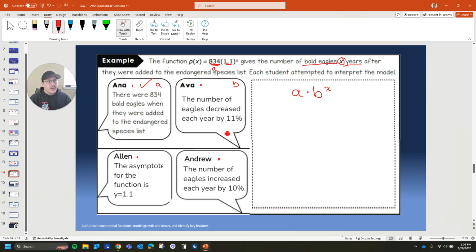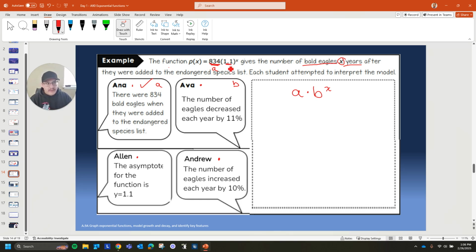Number of eagles decreased each year by 11%. Well, if this were decreasing, that B value would be bigger than 0, but less than 1. So it would essentially be something like 0.9, 0.8, 0.7, 3 quarters, 5 sixths, 0.0059, those types of numbers.